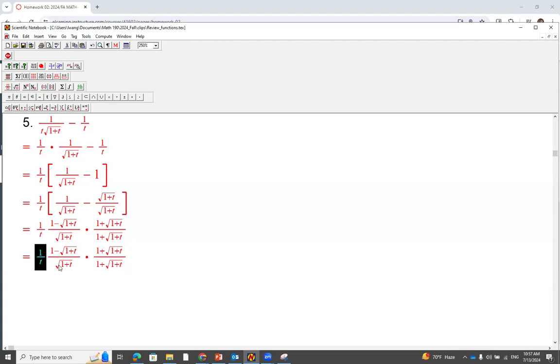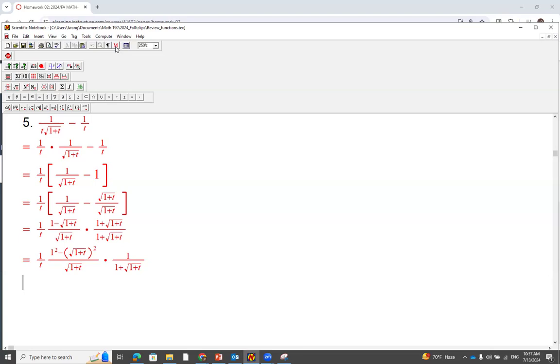We keep everything in the front, the denominator stays the same. And for the numerator, we just multiply one numerator with the other. So in the end, we get 1 squared minus the root of 1 plus t, then squared. We have applied the properties of conjugates.